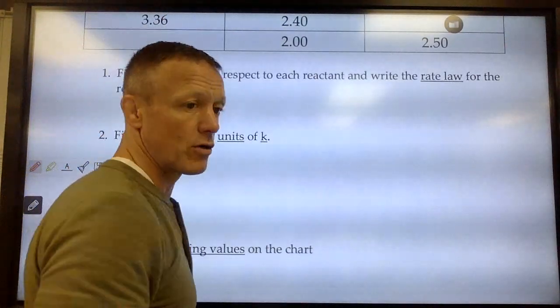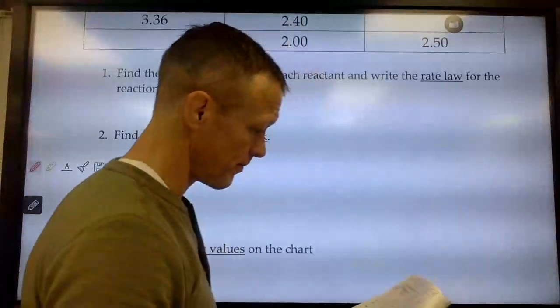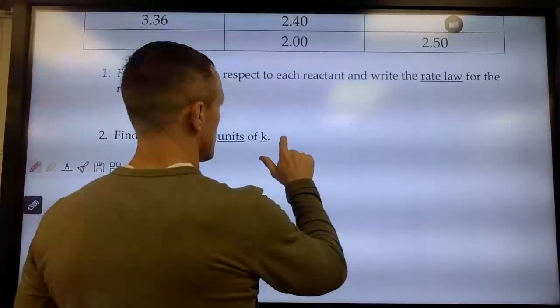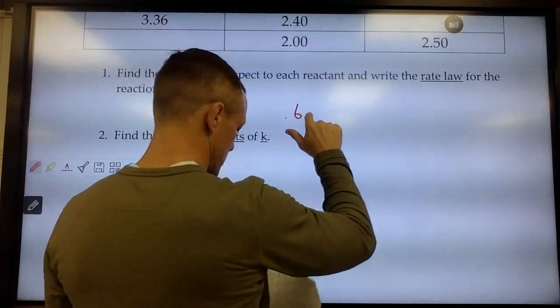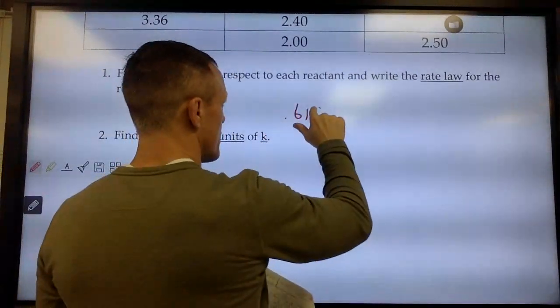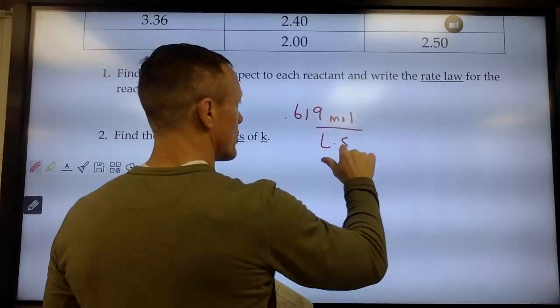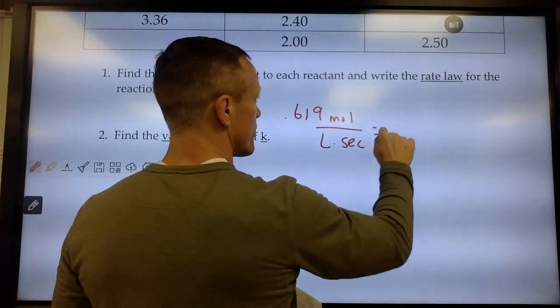All right, so the rate that we have up there, look at my sheet here. The rate in that first trial was 0.619. I'm going to put my labels on here, moles per liter per second.